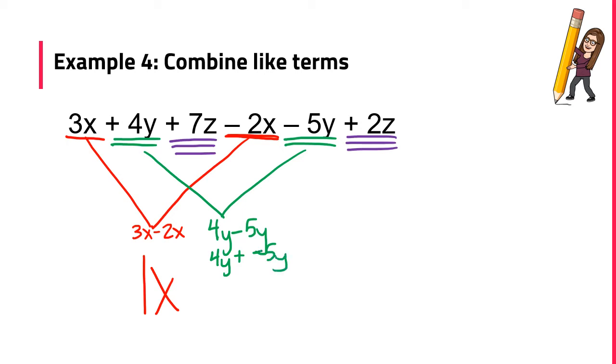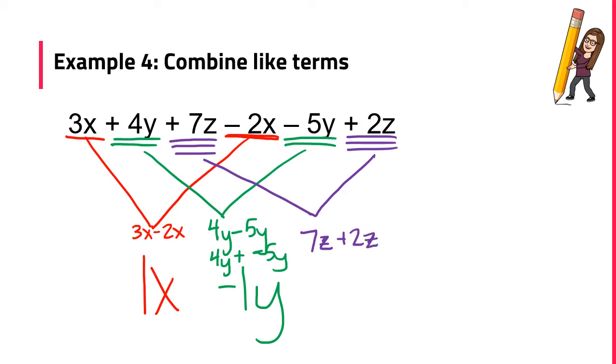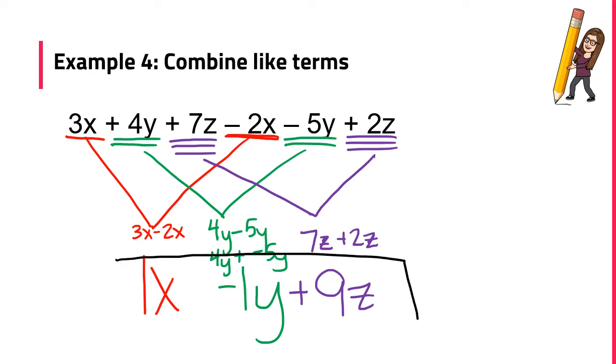Or if you use a number line, we would arrive at negative 1y. And the 3 lines, my z values, I have a positive 7z plus 2z, all positives. That makes it easier. 9z. Now I need a symbol because technically we are adding and subtracting all of these terms. So for our final answer, we have 1x minus 1y plus 9z.